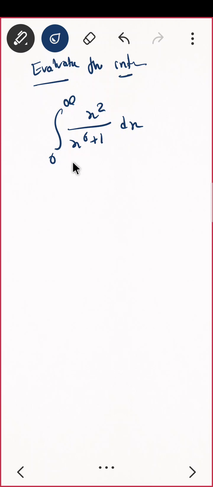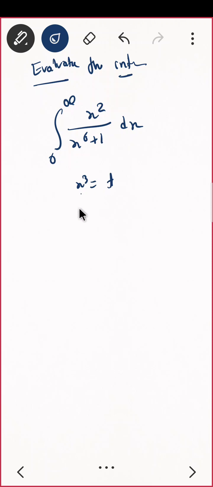The thing is, you need to see this is x raised to 6, so you can write it as x cube whole squared. So you substitute x cube equal to something, then this will be easy to handle. Say x cube equal to t. So it will be 3x square dx equal to dt.